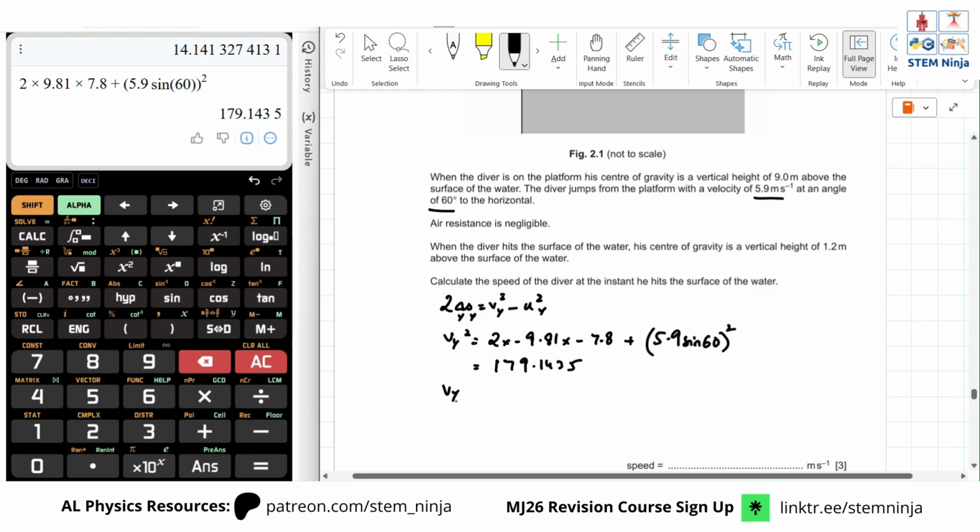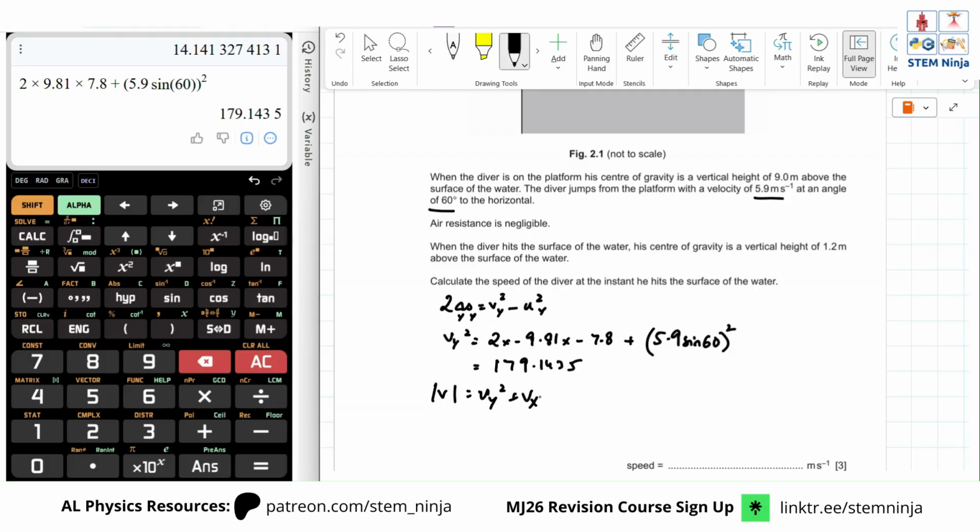So this would be 179.1435. So Vy would be, actually we just need that, right? Because we need Vy squared plus Vx squared. So 179.1435 plus Vx, which would be 5.9 cos 60 whole squared. Cos 60 is divided by 2 basically.